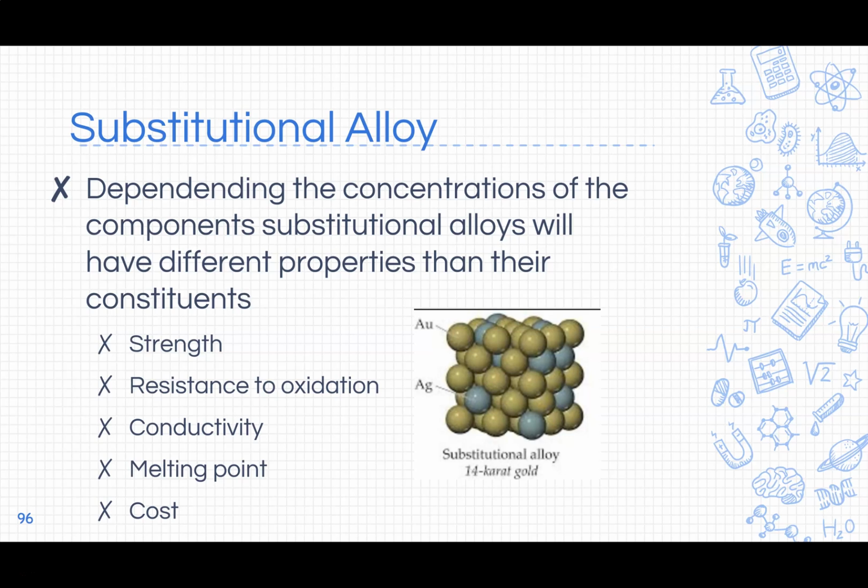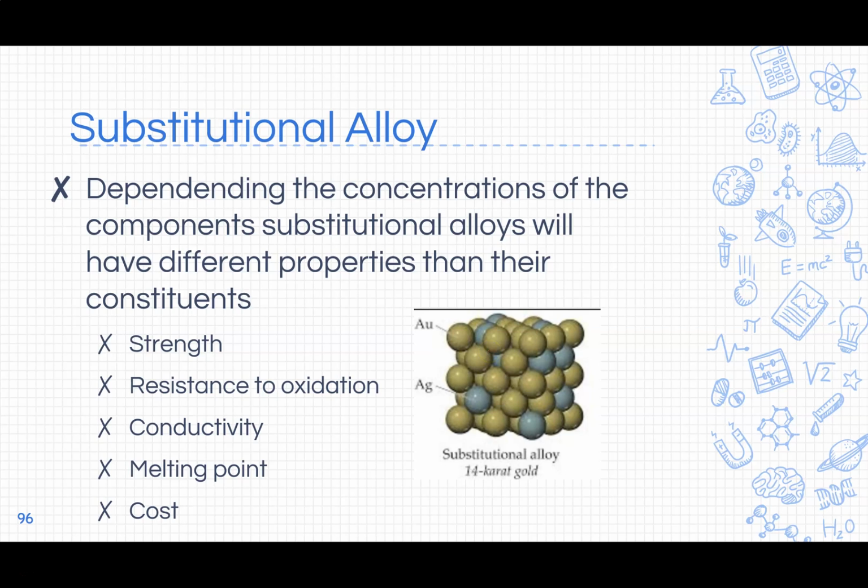So one example of a substitutional alloy is 14 karat gold, which is a mixture of silver and gold. By substituting in some silver for gold atoms, you can reduce the price, but you still get the properties that you want.